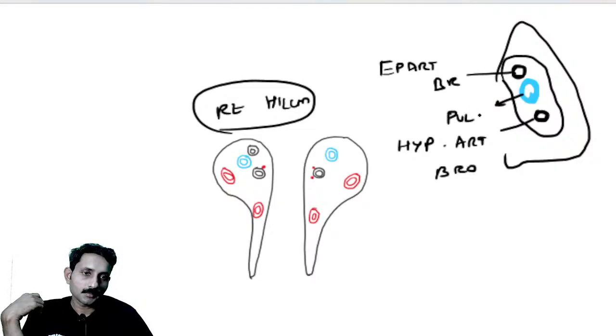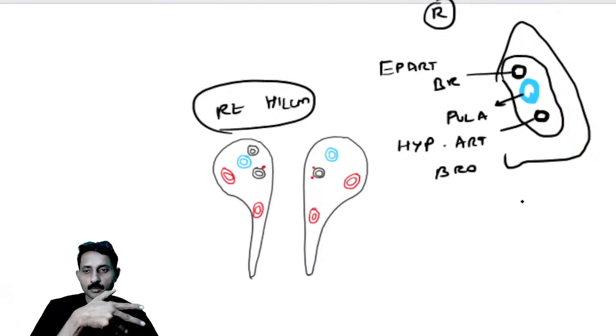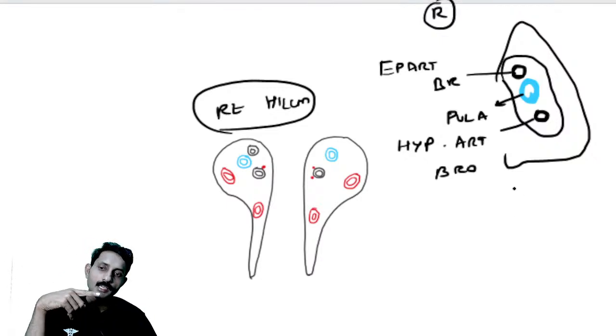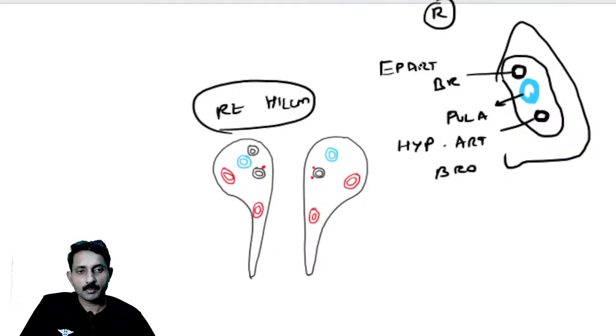Pulmonary artery. Which artery? We are talking about the right hilum, so that will be right pulmonary artery. Only on the right side, the bronchus will divide, one will go above, one will go below. Epi means outside. So eparterial bronchus will be going above the pulmonary artery. Hypoarterial bronchus will be going below the pulmonary artery.